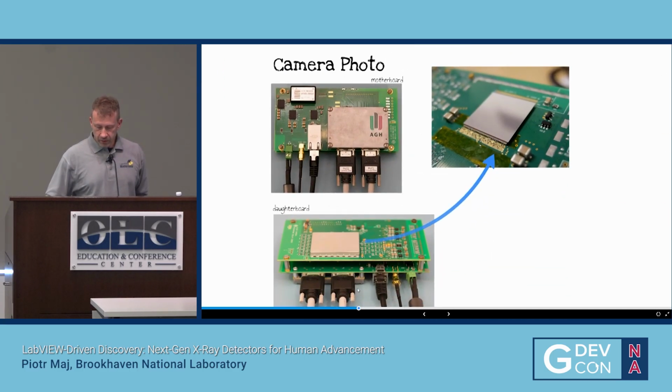We developed two boards. The bottom one here on the picture is related to FPGA, which is single board RIO. The data stream is realized on the camera link interface. The bottom PCB contains our detector, which you can see on the screen.